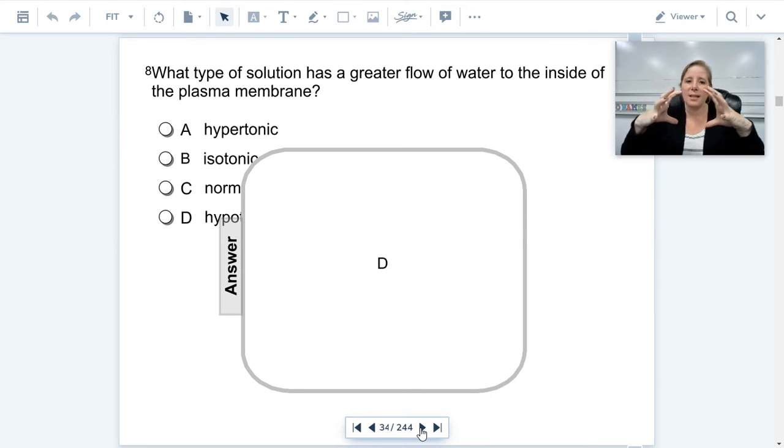When that happens, the cell itself swells, and so when a cell swells, it's in a hypotonic solution. This is going to be when you water a plant. The plant cells are in a hypotonic environment, so they absorb extra water, and then the plant sits up more because each cell wall is a little more turgid because of the extra water inside that cell membrane.